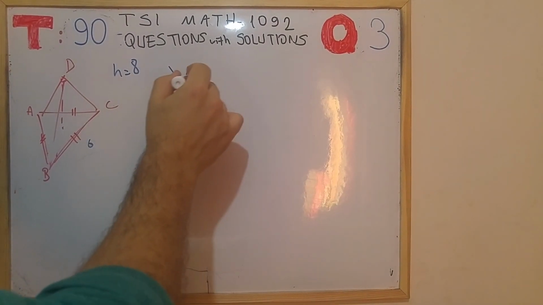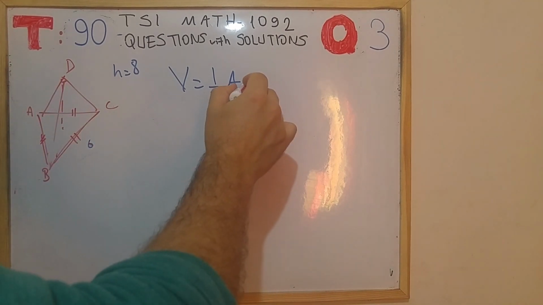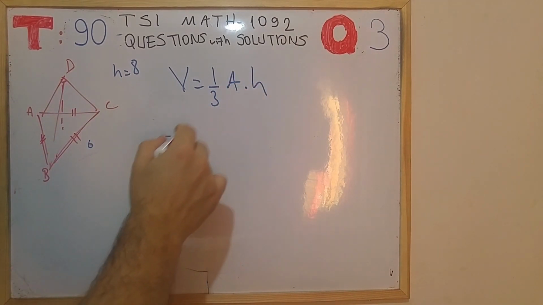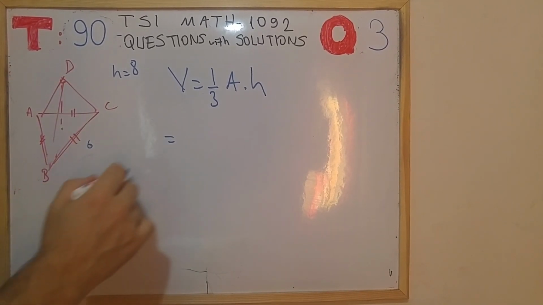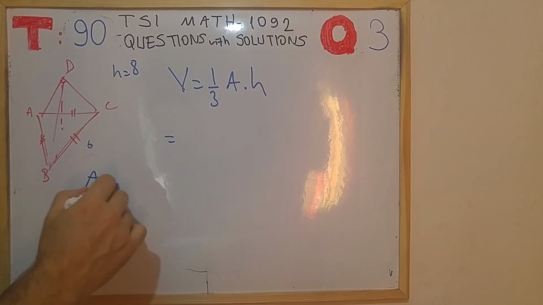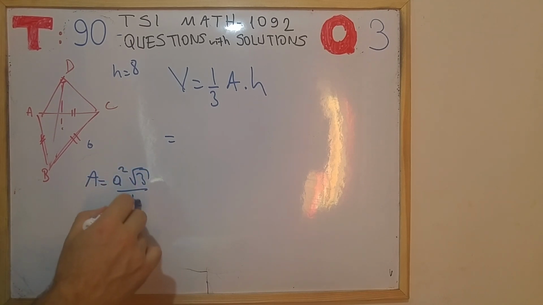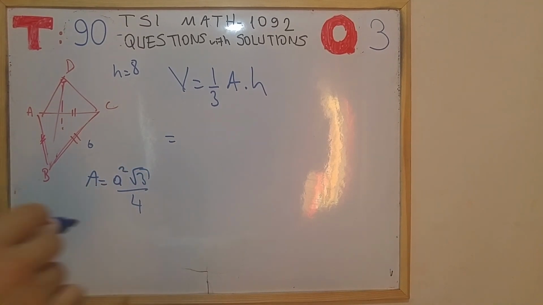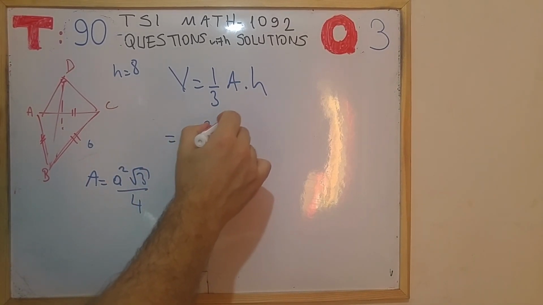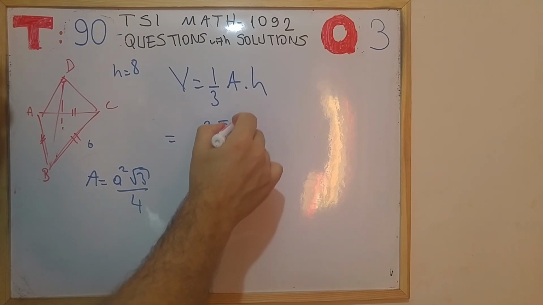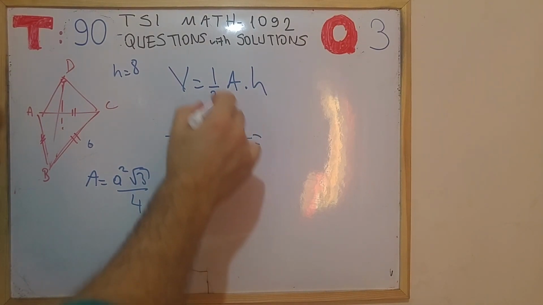Volume is again 1/3 times the base area times the height. And this time the base area, since we have an equilateral triangle, is equal to a squared root of 3 divided by 4. So I can apply that here, which is equal to a squared times square root of 3 times h divided by 4 times 3.